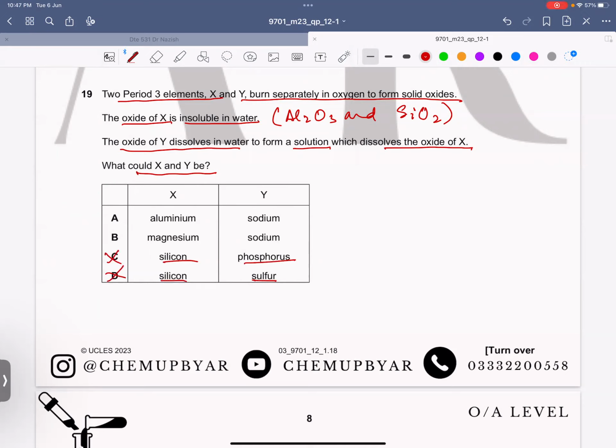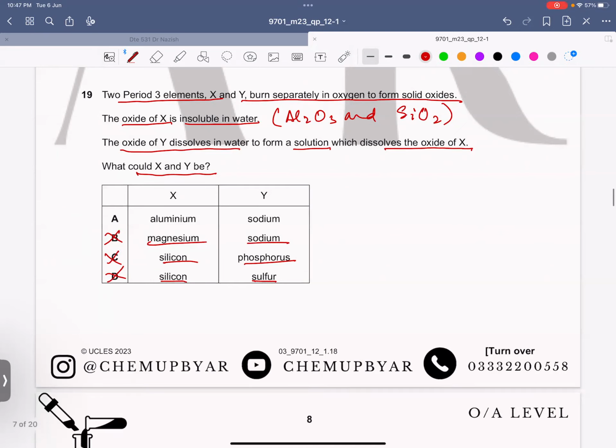And in the same way, this also goes wrong because magnesium hydroxide and sodium hydroxide, they also do not dissolve. But aluminium oxide, being amphoteric, and sodium hydroxide, being alkaline, will undergo reaction.